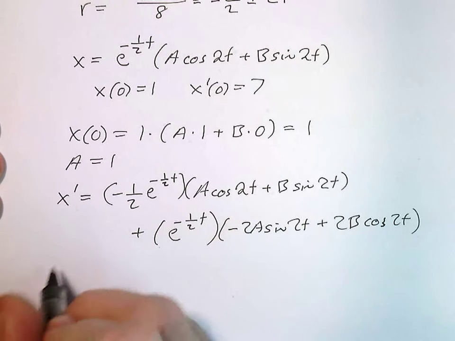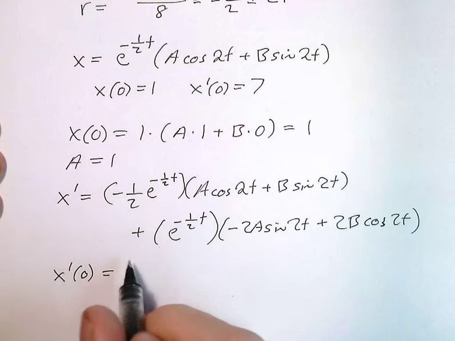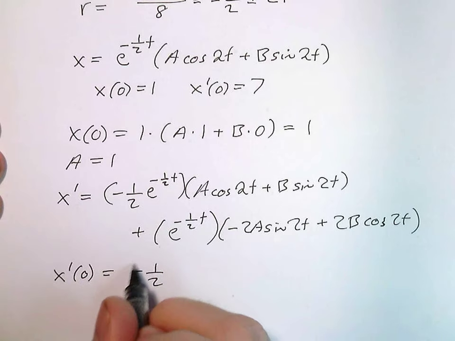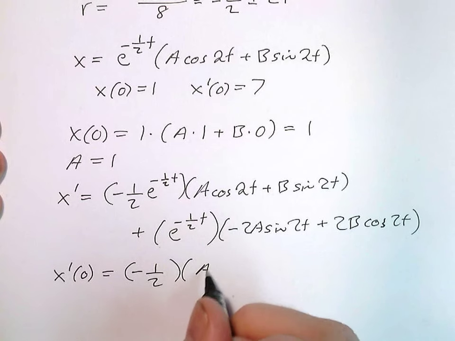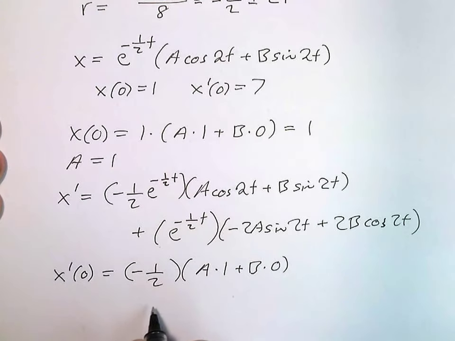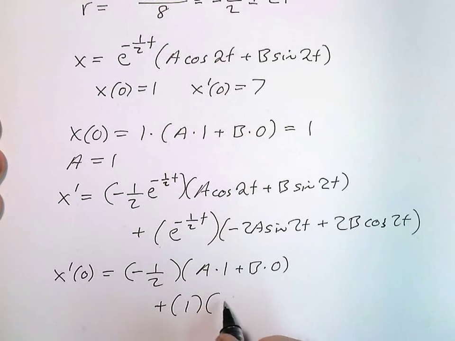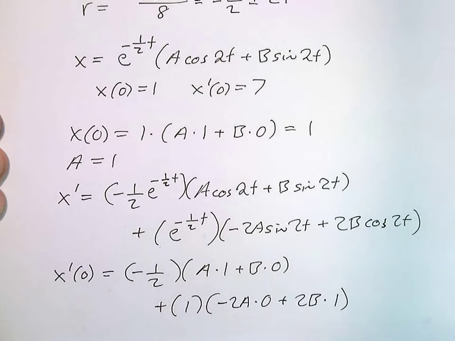So my x'(0) here: e^0 is 1, I have a -1/2 times (a times 1 plus b times 0), plus, here I have a 1, times (-2a times 0 plus 2b times 1).